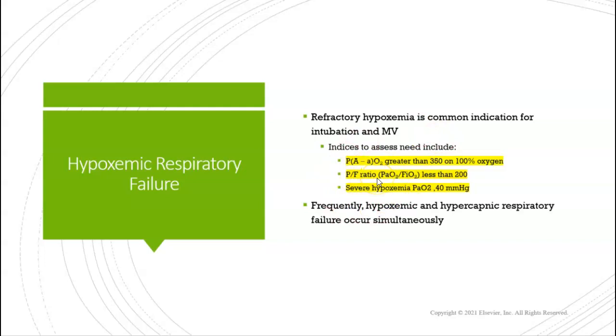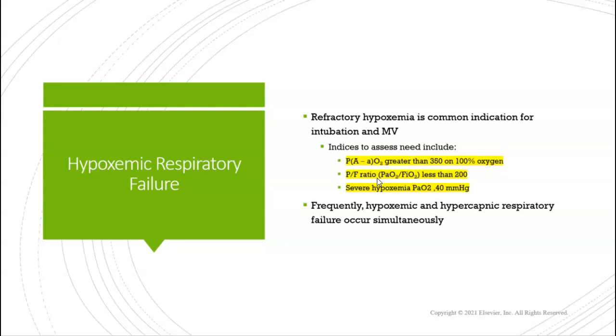PF ratio is a really quick and easy one to do at any FiO2 level. This is the one I use the most at the bedside. I would strongly recommend sometimes if you're in your scenarios and you're like, what is wrong with this patient? Just calculate the PF ratio really quick. And if it is less than 200, your patient has ARDS and you need to be in that ARDS algorithm.